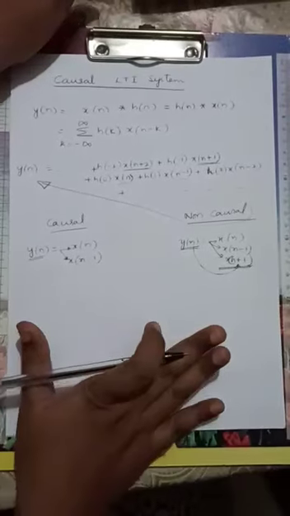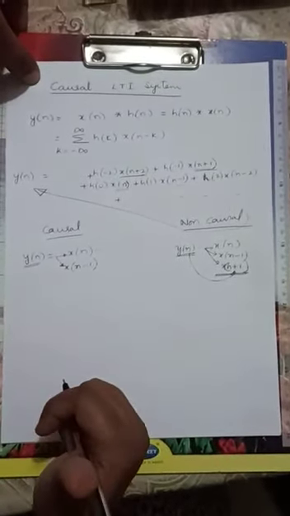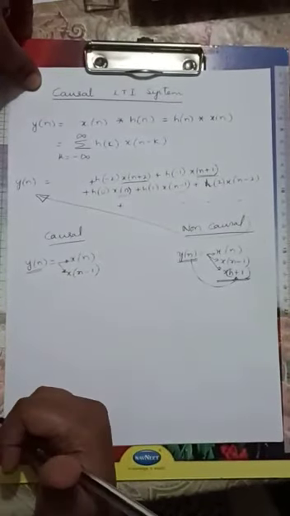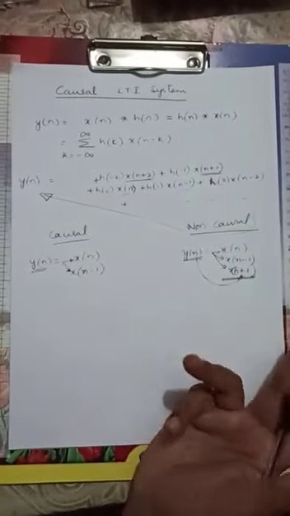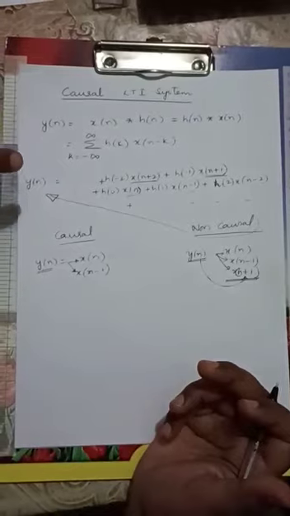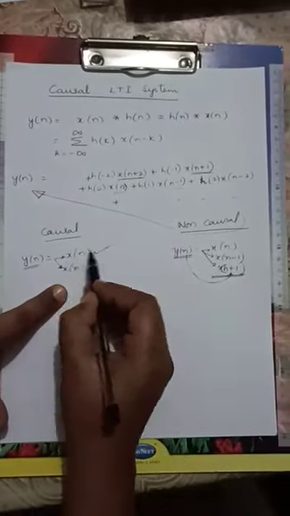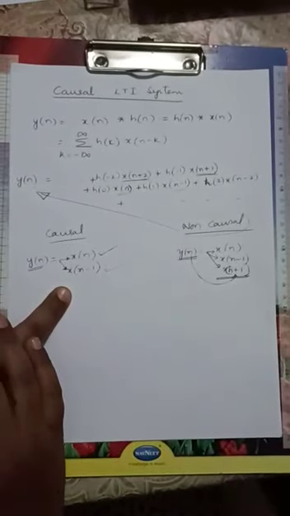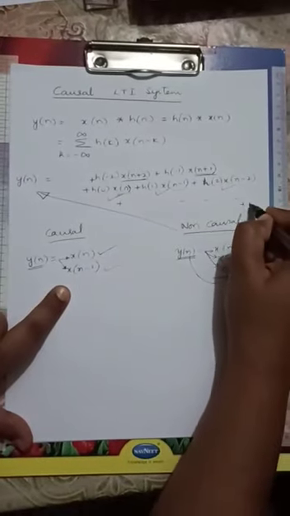Now the question is, if you want a causal LTI system, then what is the condition? To derive that condition, we can't put any restriction on the input, because the input is not under our control. The only thing we can define or design is h of n. If you want y of n, the output of the LTI system, to be causal, then you want only the terms x of n and x of n minus 1, and so on.